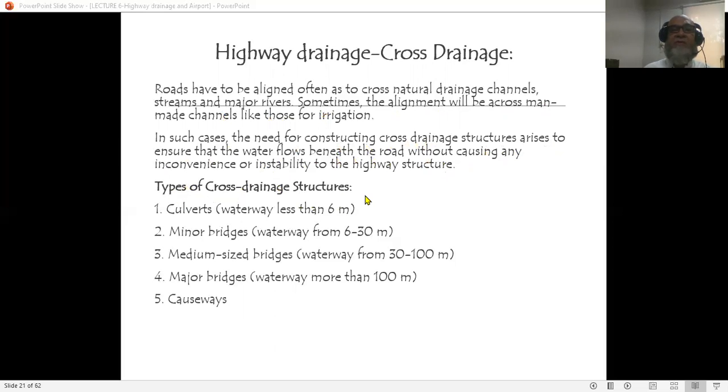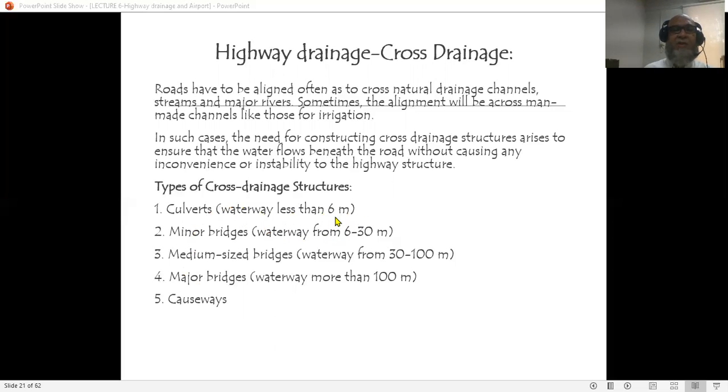There are 5 major types of cross drainage works: culverts, minor bridges, medium-sized bridges, major bridges, and causeways. Typically, it is the width of the water channel.